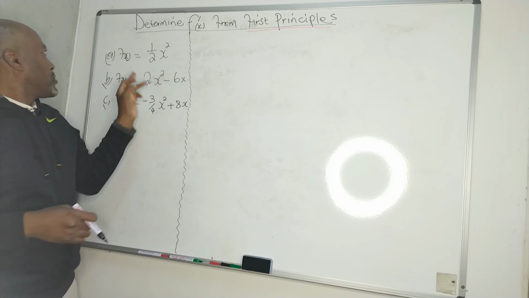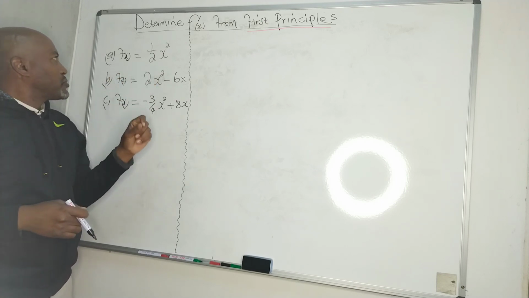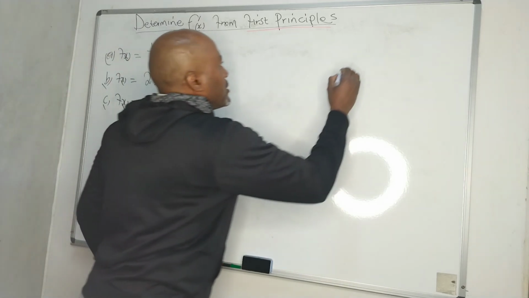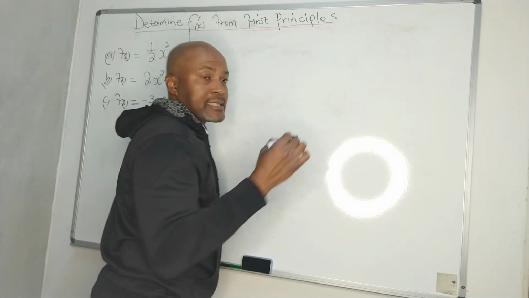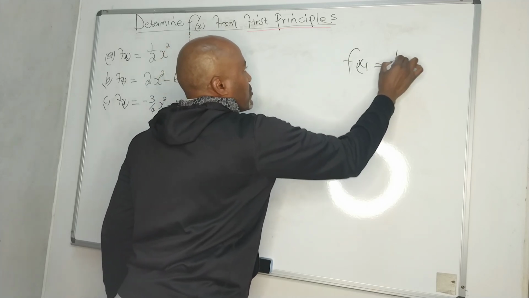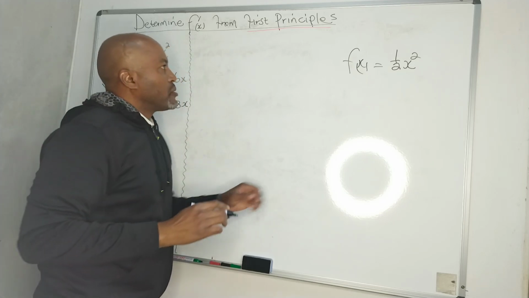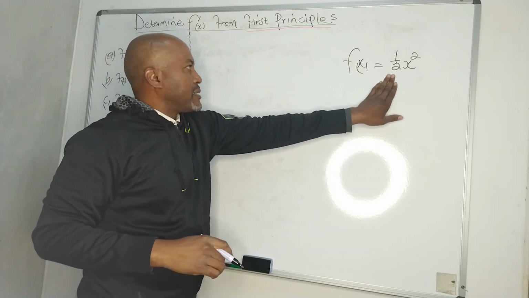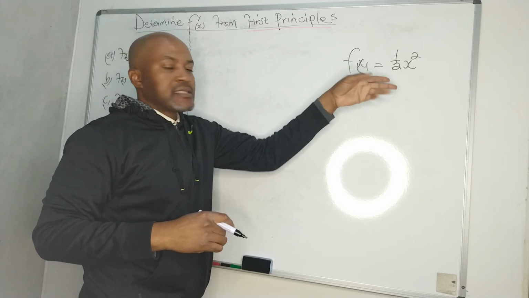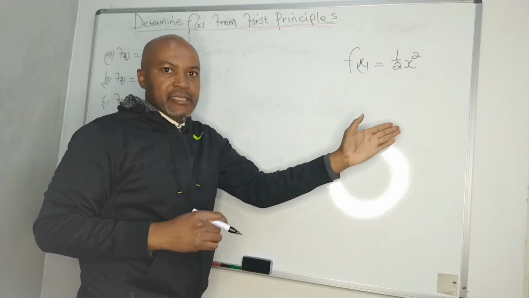We are going to take number A, f of x equals 1 over 2 x squared. We are testing, right? f of x is equal to 1 over 2 x squared, okay? So let us differentiate this function with respect of x.